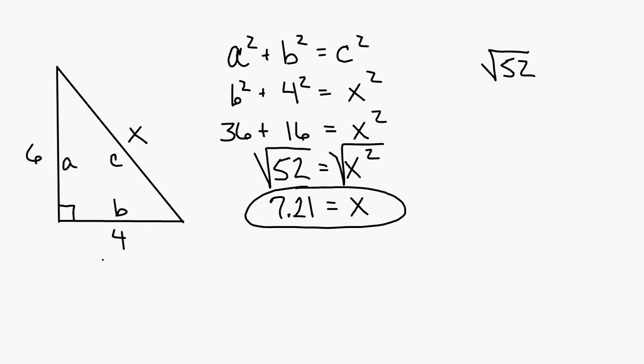You found the largest perfect square that went into 52 evenly. In this case, when you simplify 52, it becomes the square root of 4 times the square root of 13, because 4 times 13 is 52. And 4 is a perfect square, so you can simplify the square root of 4. So the square root of 52 in simplest radical form is 2 times the square root of 13.